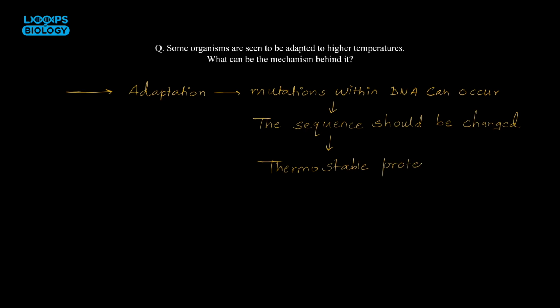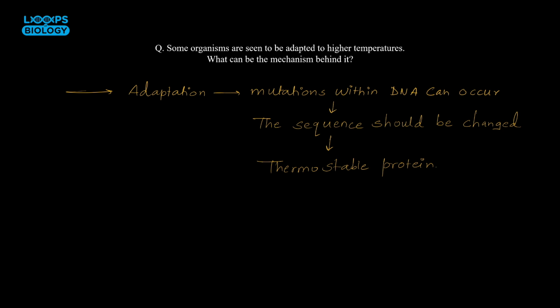Now why am I calling it protein? Because the proteins are degraded at a faster rate, as we have seen in the graph of enzyme. If not, just go and watch my video on effect of temperature on enzyme.